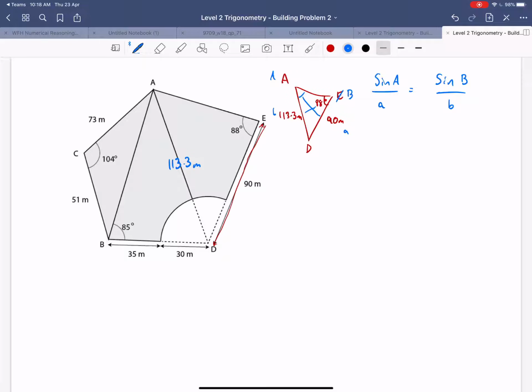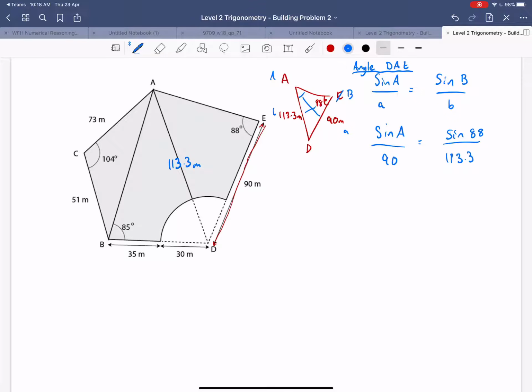So this is for angle DAE. Okay. So sine A, because I don't know it, over my side a, 90, is equal to sine of my other angle B over my other side, which is 113.3.